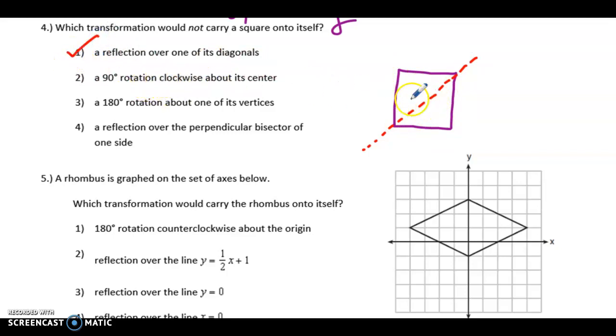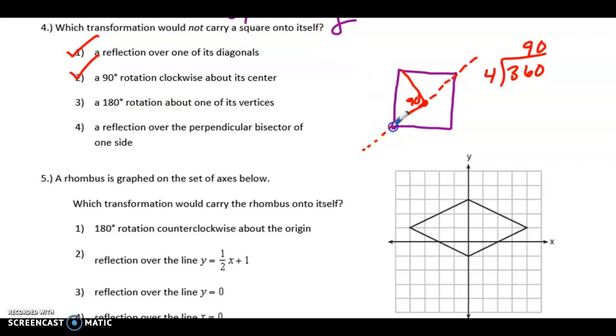If I rotate around its center 90 degrees, so that's here to here, this would actually be 90 degrees because 360 divided by 4, there are 4 equal sides, is 90. So that should be good. A rotation of 180 degrees around one of its vertices. So let's think about what that means.